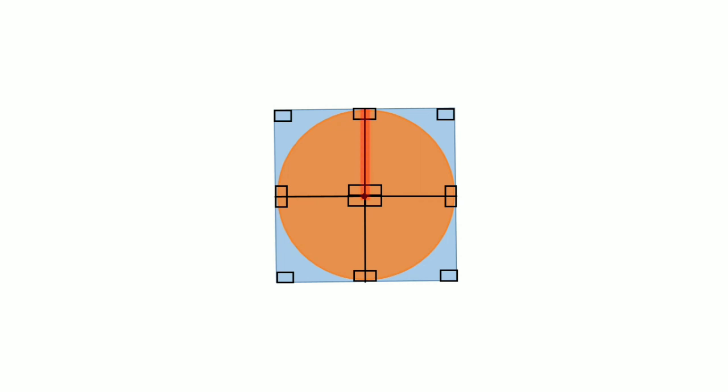So this is a radius of the circle. Due to this right angle, we can say this line is also equal to the radius of the circle, which is r. Similarly this is also equal to r, and these lines are also equal to r. It means this figure is a square having the length of 2r.